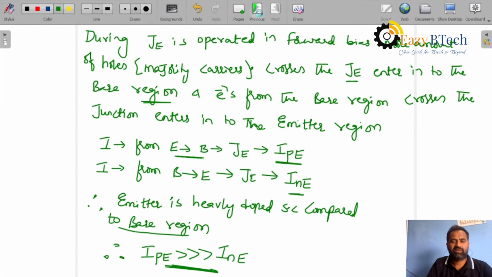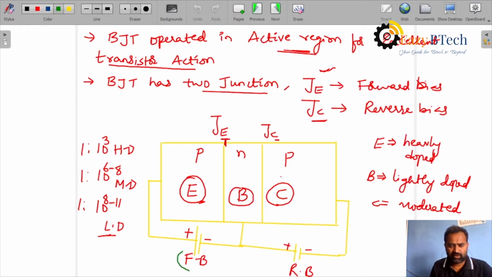Now you can see here, due to this forward bias, positive connected to positive, holes from this side cross and enter the junction in the form of IPE. And due to negative connected to negative in forward bias, from here a smaller amount of current enters this side. This will be represented as INE.